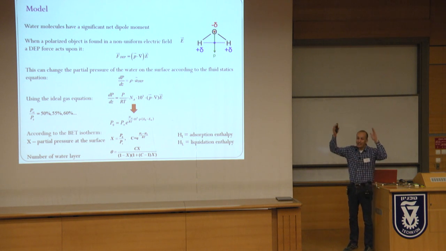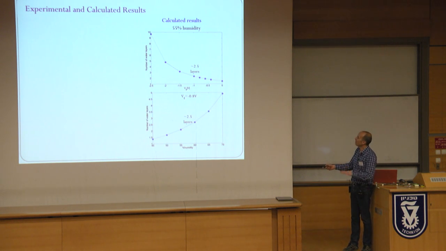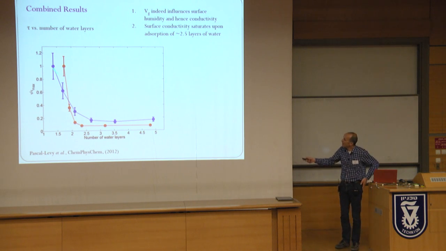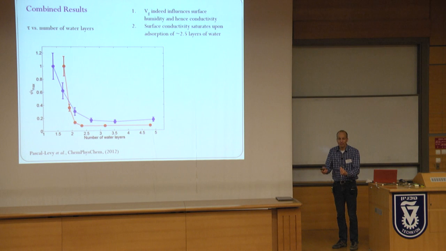So it's exactly like our atmosphere. I skip a little bit of the details, but you can use a BET isotherm, and you can find exactly how many layers you have on the surface. And after a long day of battle, this is what you find. You find that really the combined data is the tau. It really depends on the amount of water layer that exists on the surface.